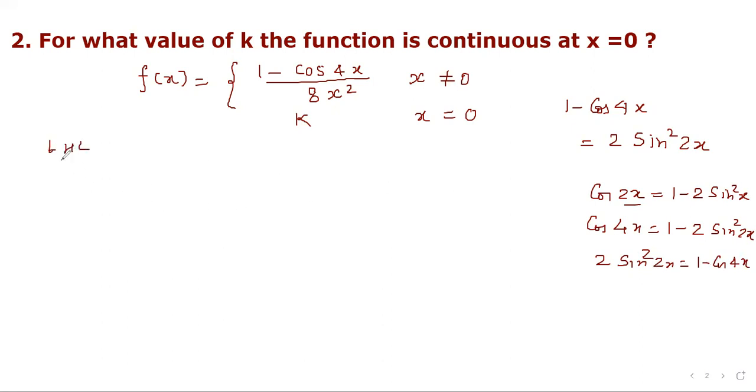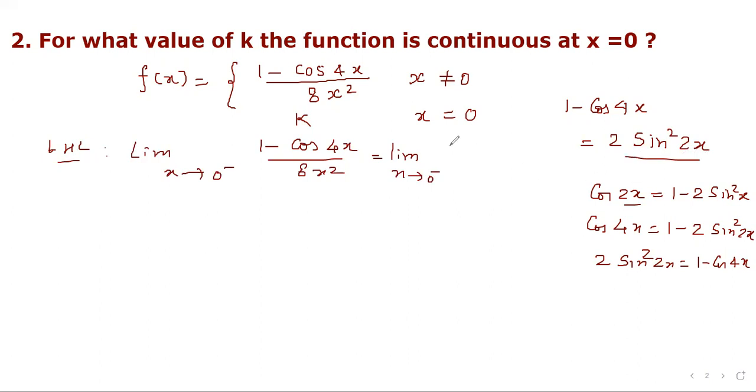So LHL, limit x tends to 0 minus, and the function is (1 minus cos 4x) upon 8x square, and then we put the values. Limit x tends to 0 minus, and this becomes 2 sine square 2x divided by 8x square.